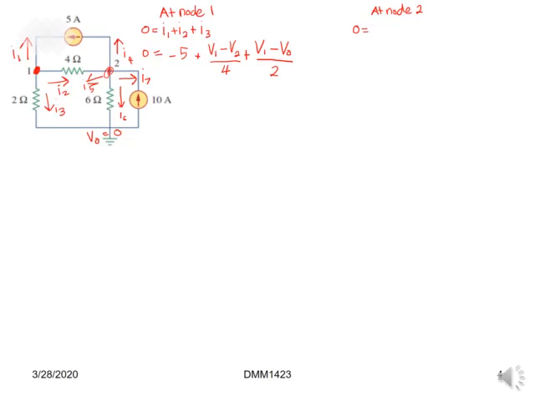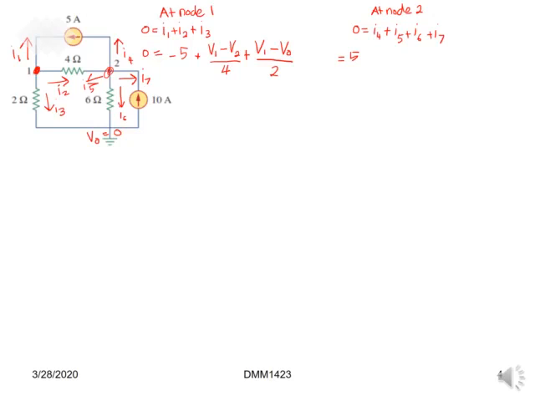Then we go to node 2. At node 2, again, we assume that all of the current is leaving the node. We can write the currents here as I4, I5, I6, and I7.